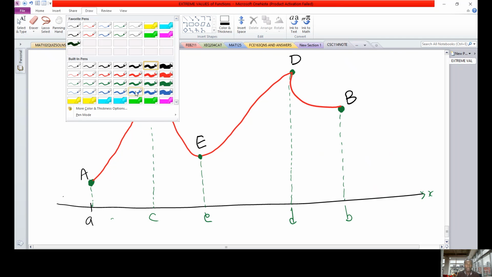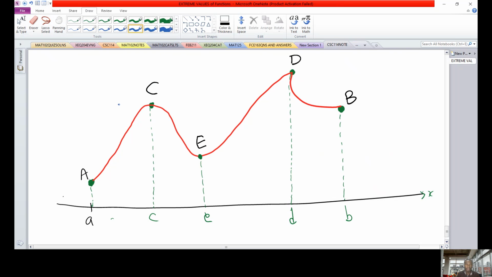So at this point, we can draw a tangent. Can also draw a tangent at this point here.